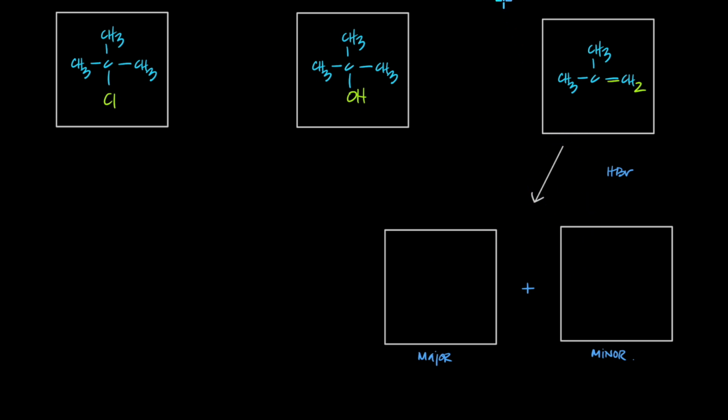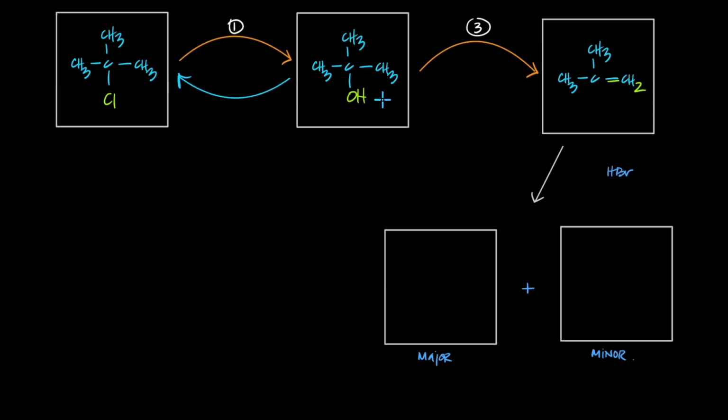Now, the funny thing is, I can go from chloroalkane to alcohol and alcohol back to alkene. So let's call it reaction number 1, reaction number 2. Actually, no, 1 and 3. 2 is the backward of 1.